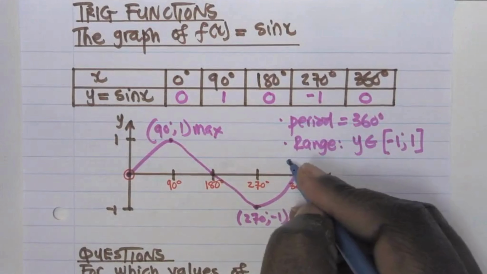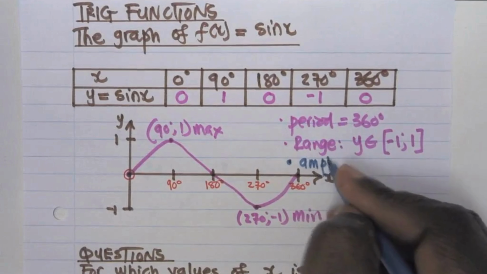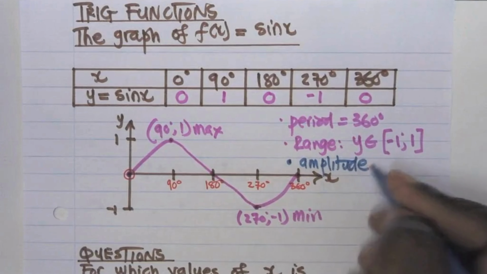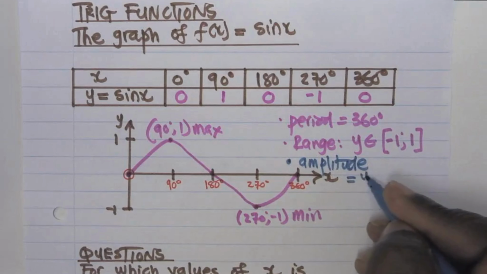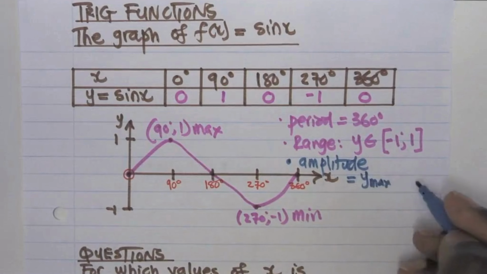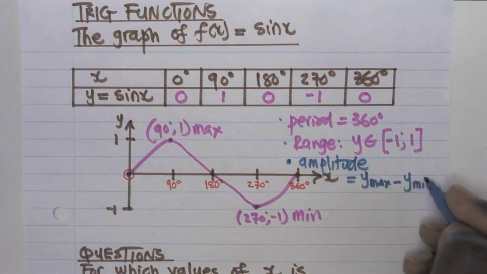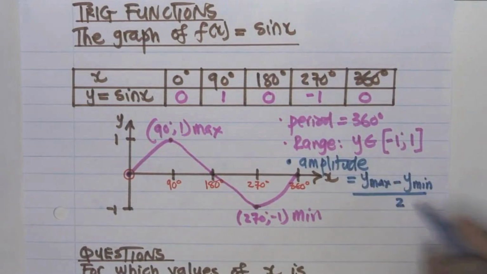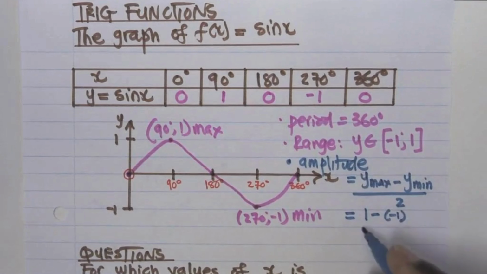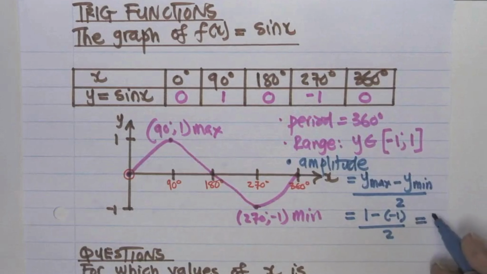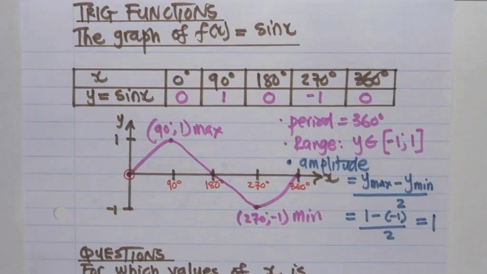I'm going to use the formula: y maximum minus y minimum, divided by 2. And I substitute my values. I'm going to get that the amplitude is equal to 1.